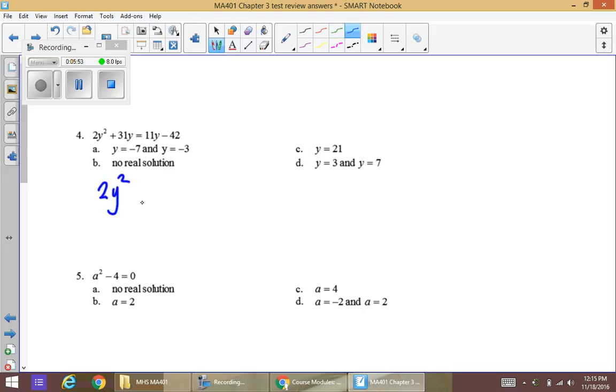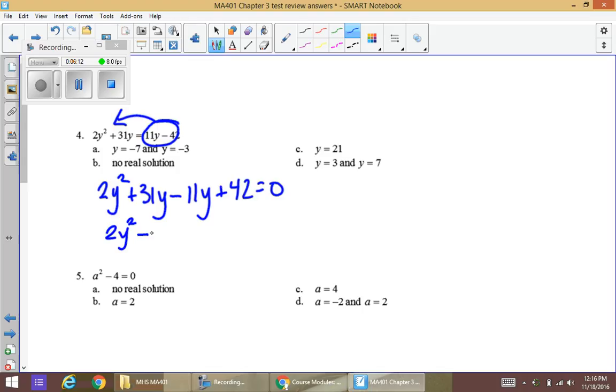So it's 2y squared plus 31y minus 11y plus 42. Okay, so I moved this side over to that side with addition and subtraction. And so this is 2y squared minus 20y plus 42.